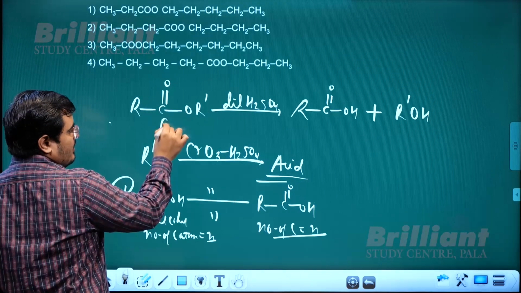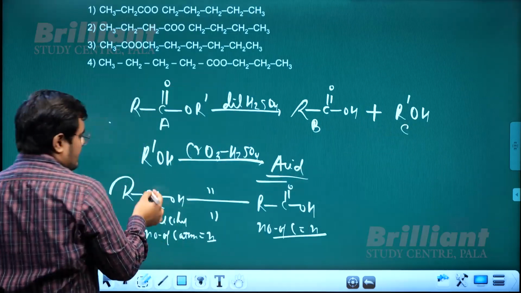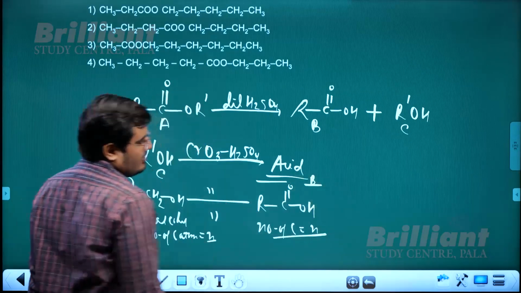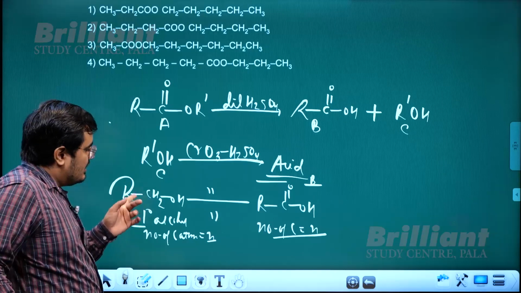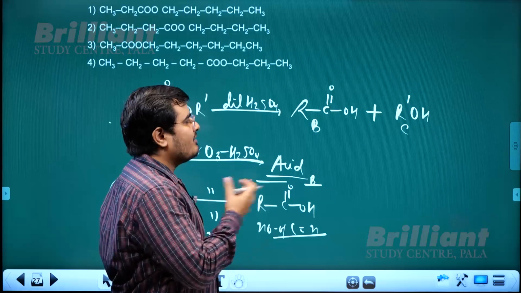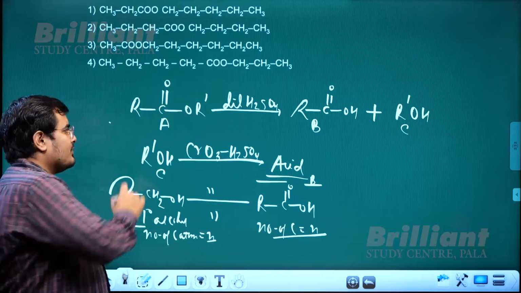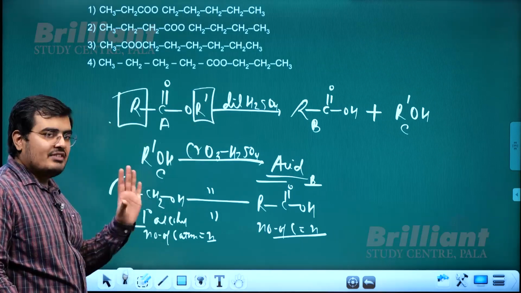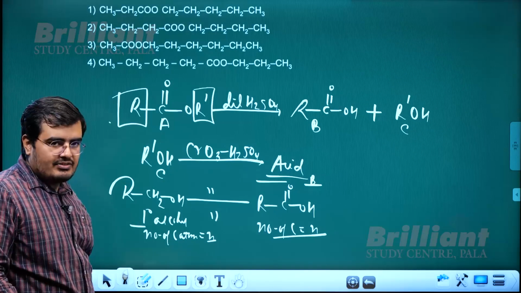So this is A, which on hydrolysis gives B and C. This C on oxidation produces an acid which is the same as B. So what I am trying to tell you is that if the alcohol has to form this acid, then the number of carbon atoms in both of them should be the same. Or what I am trying to say is this R and this R' part should have the same number of carbon atoms if this scheme is to be satisfied.